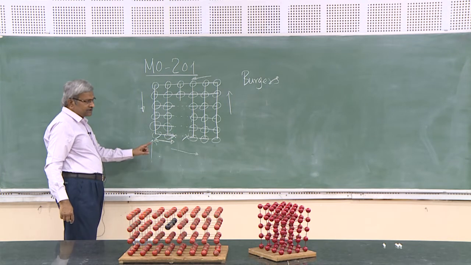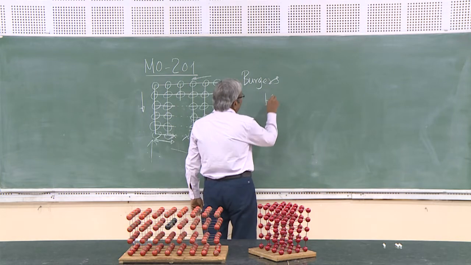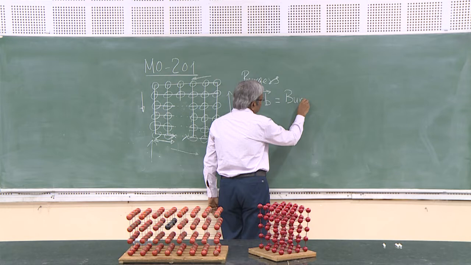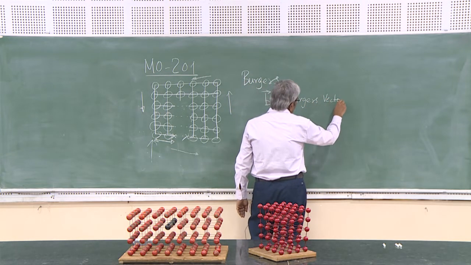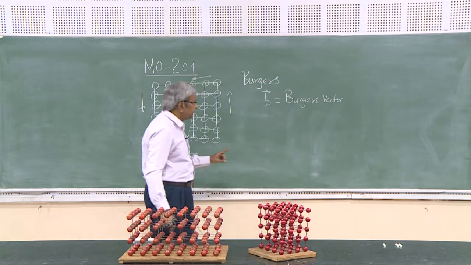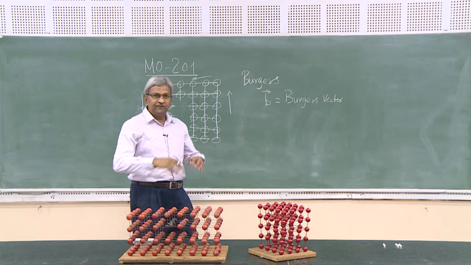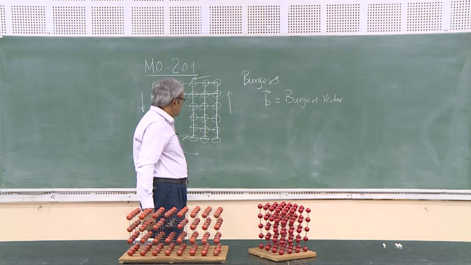This missing step is this, and it is normally known as the Burgers vector. The missing step or the extra step in the imperfect part of the crystal is this, right.